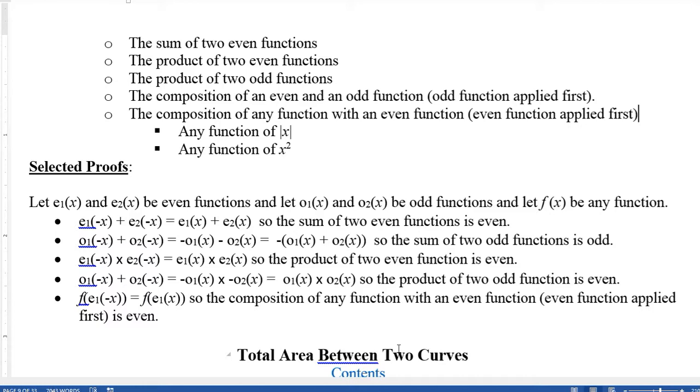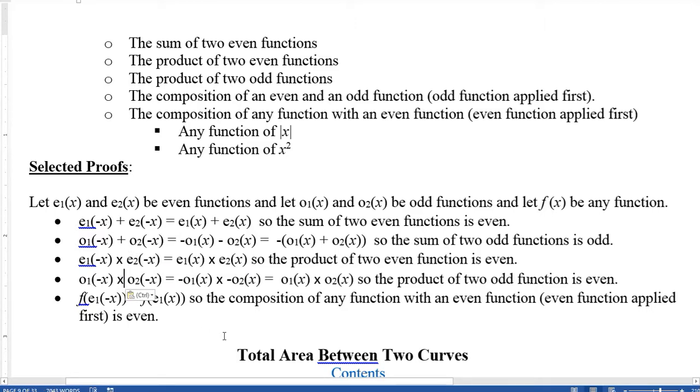The product of two odd functions is going to be, let's see, odd function 1 of minus x times odd function 2 of minus x is the opposite of O1 of x times the opposite of O2 of x, and the two negatives multiplied together become positive, so that's just O1 of x times O2 of x. So the product of two odd functions is actually an even function.